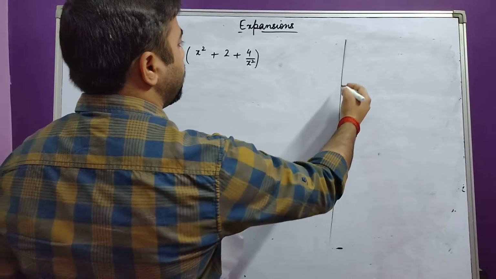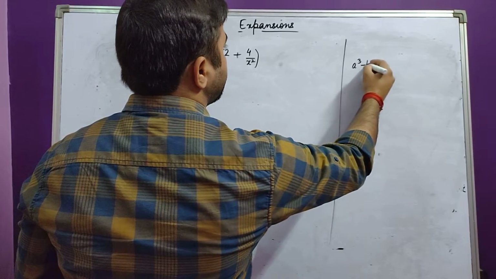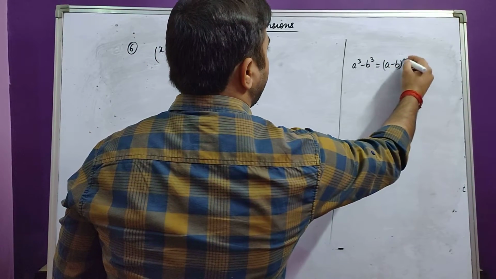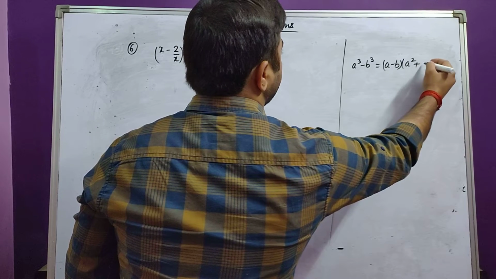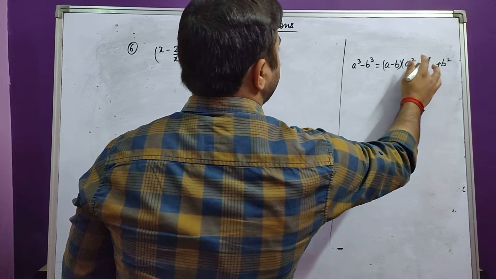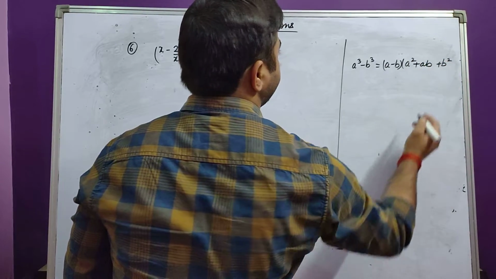one of the formulas here said a cube minus b cube is equal to a minus b within the bracket a square plus b square minus, it was actually plus ab.